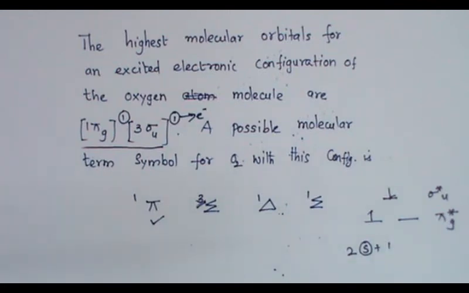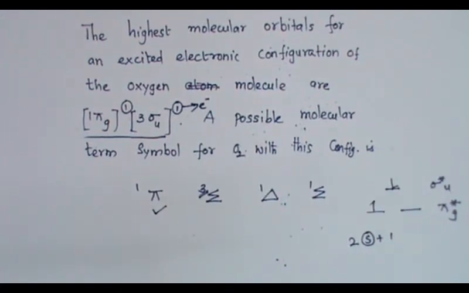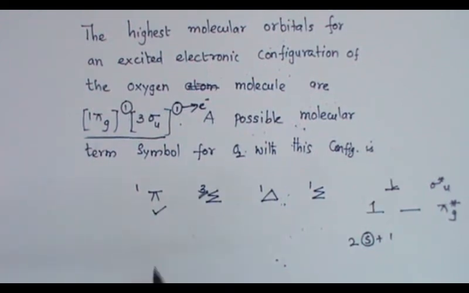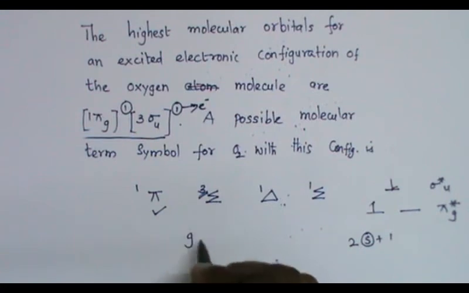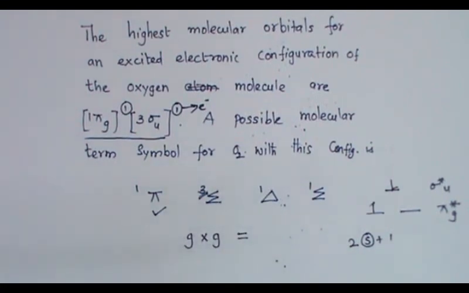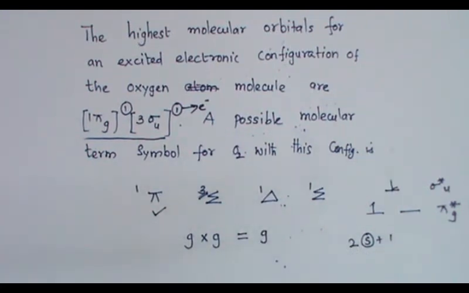In this problem, they have not mentioned the gerade. But very often it is asked. The gerade can be easily predicted from the configuration itself or the molecular orbital itself. That is, if both the molecular orbitals are gerade, then the final will be gerade.